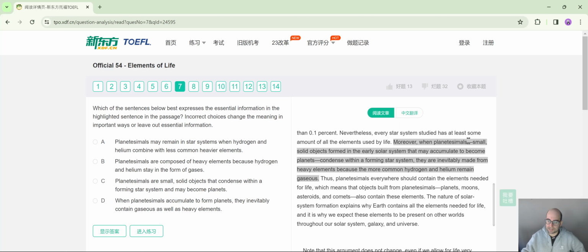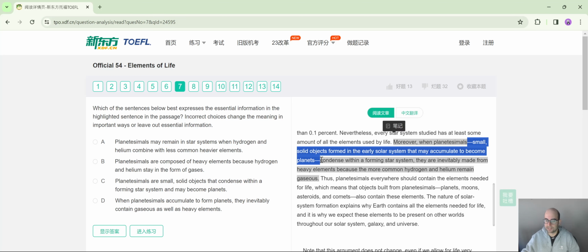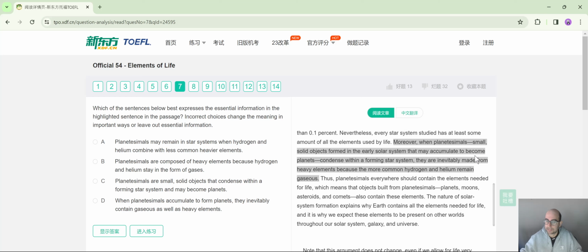So if you have something like em dashes or parentheses, guys, super advanced tip here. This information is not essential information. It's not important information. It's optional information, okay? So small objects form, this is basically defining what planetesimals are, all right? Not that important.